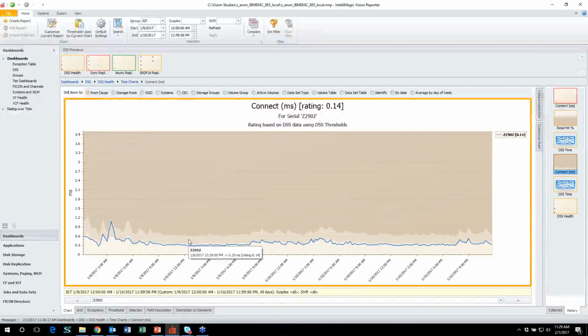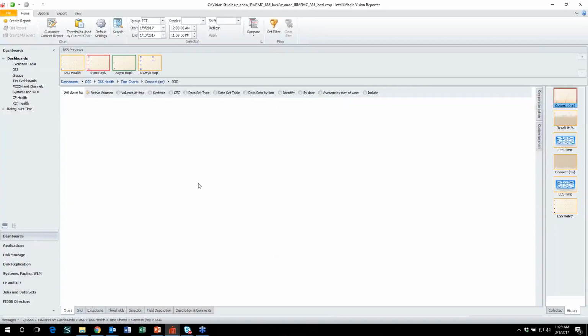So from here, we could drill down further, and that's where all these things up at the top are drill downs that are available with just a click. So you say, okay, I'm getting some high connect time. Is it isolated to a particular area? So in this example, I can click on SSID, and I can drill down from there.